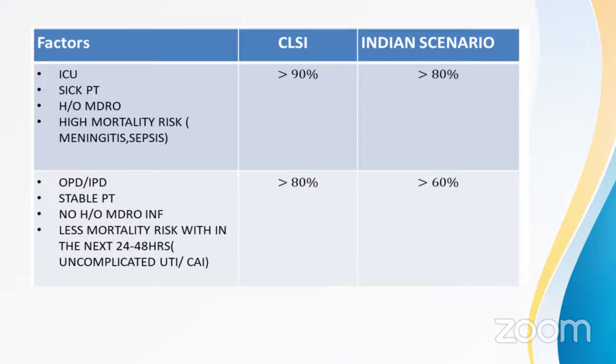But for the Indian scenario, we take it as more than 80% susceptibility. For a stable patient, OPD or IP stable patients without very high mortality risk, we can give more than 80% susceptibilities. And in our scenario, we accept it if it is more than 60% susceptibility.